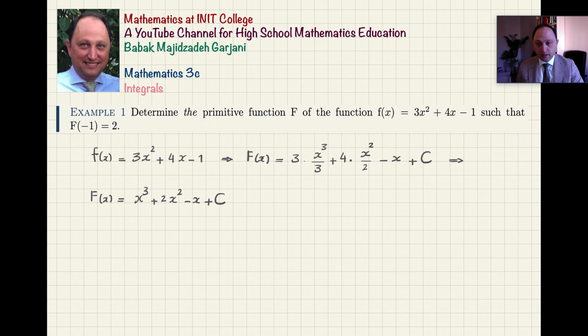This is more or less what I can call the set of all possible primitive functions of this function. But now we have been provided with an extra piece of information, which means that this should be unique. If I ask you how many functions you have found here, you would say infinitely many, one for each choice of c.